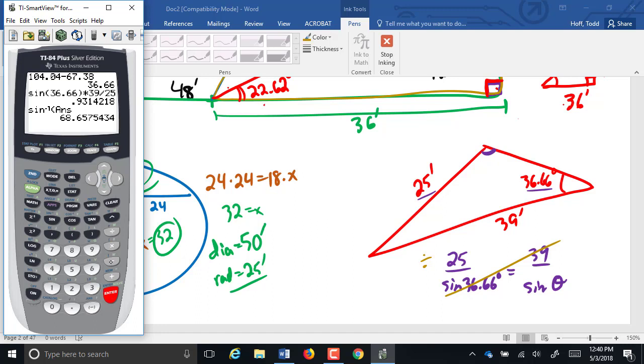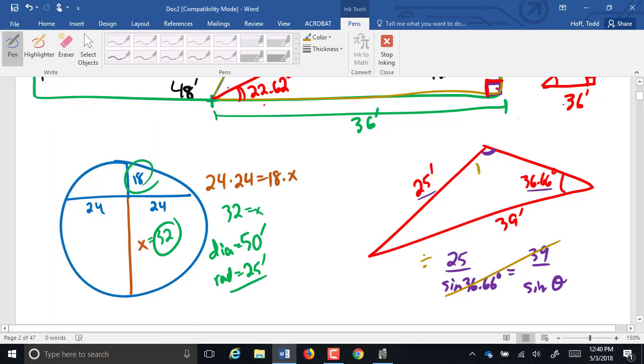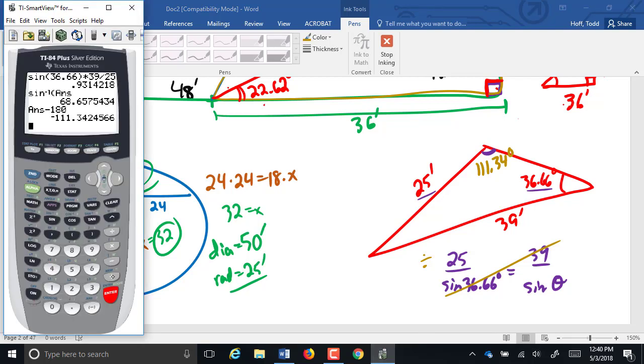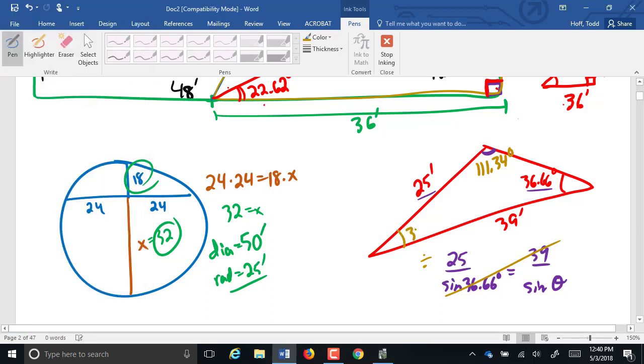Gives us 68, and we subtract that from 180. You get that angle is 111.34. Then we, of course, do 180 minus that and minus the 36.66 to give us that this down here is 32 degrees.